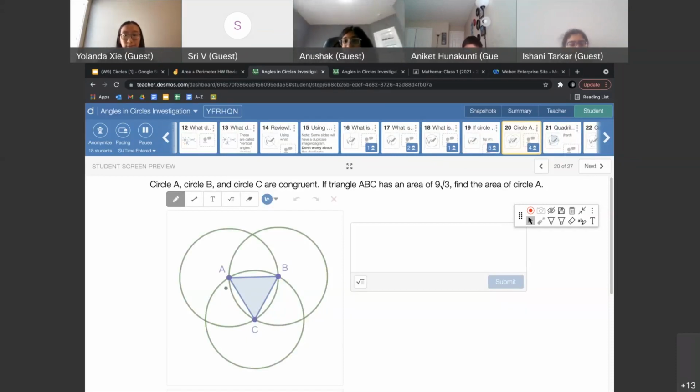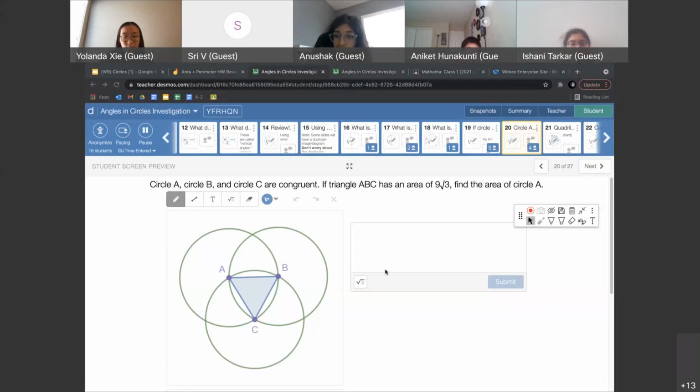And if triangle ABC has an area of 9 radical 3, find the area of circle A. So what circle does it mean by circle A?